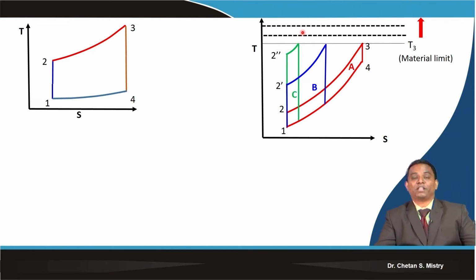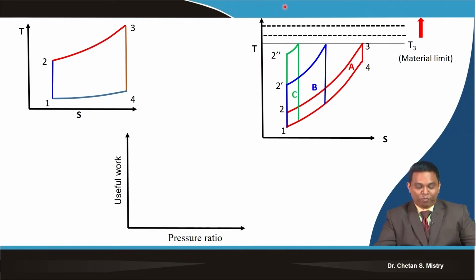If my temperature is too high, it may burn my gas turbine blades, and this is also one of the major areas of research these days. People are talking about blade cooling technologies. Now let me represent this in terms of my pressure ratio and useful work.